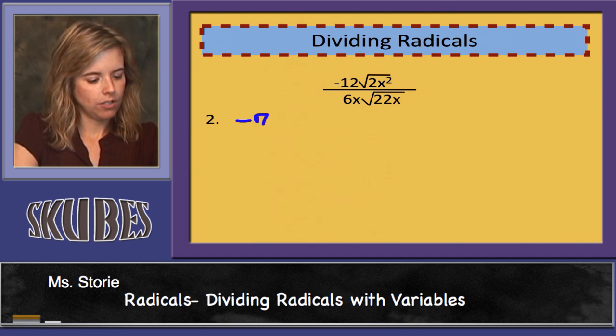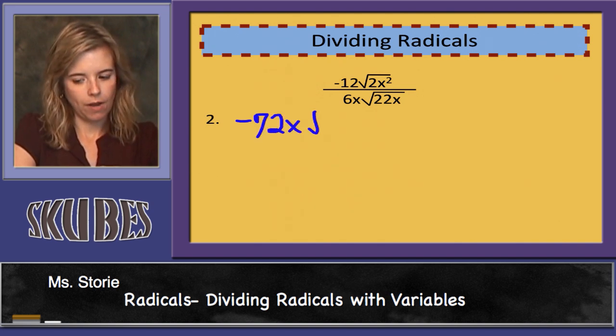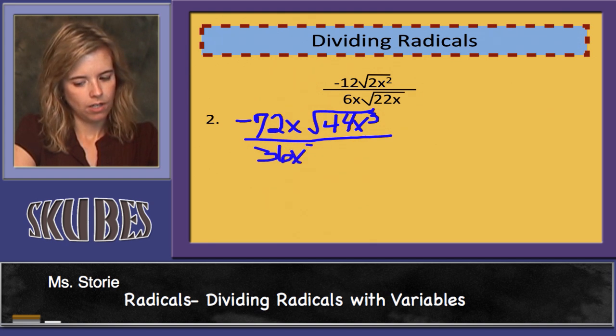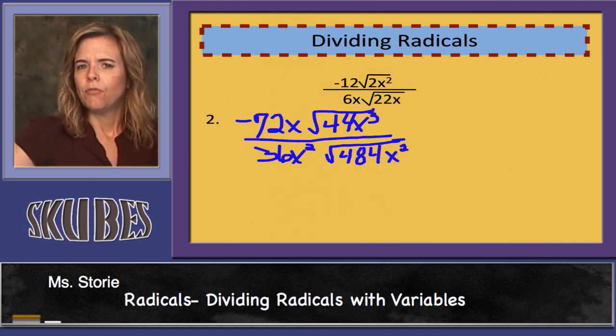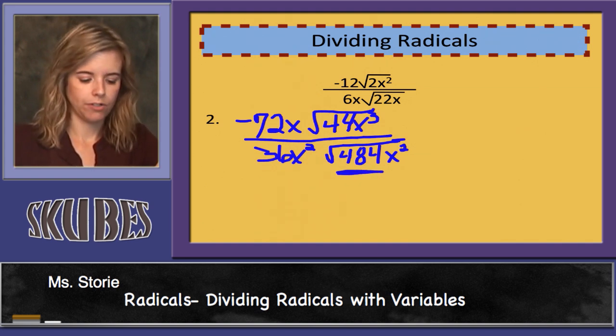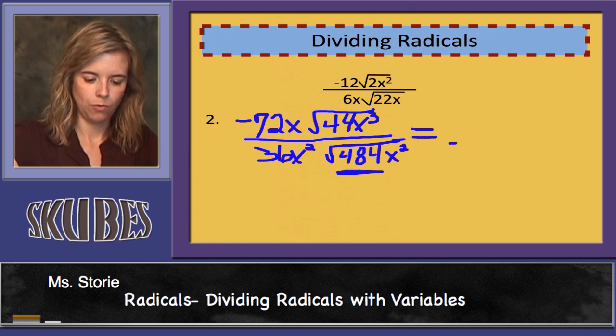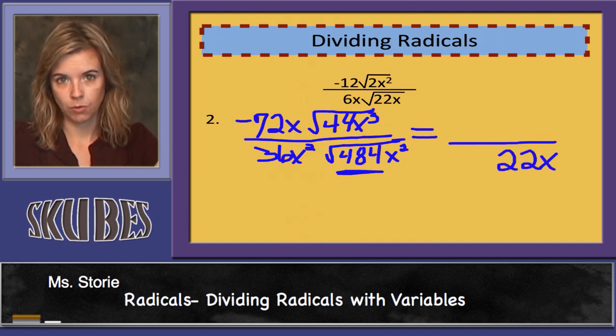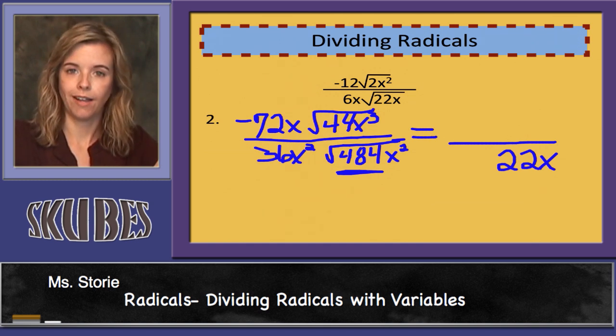We had negative 72x with a radical 44x cubed, and we had all of that over 36x squared, and then a big radical of 484x squared. 484, we created that by multiplying 22x times 22x, so that makes it a perfect square, which means when we simplify it, we just take it back down to 22x, because 22x times 22x is 484x squared.